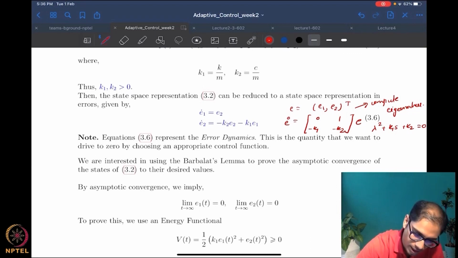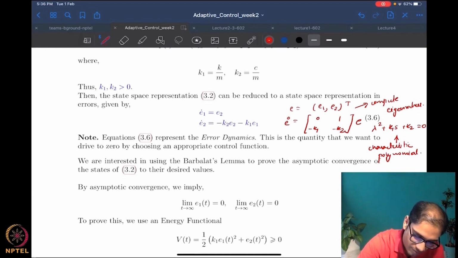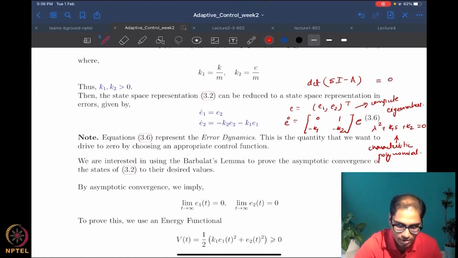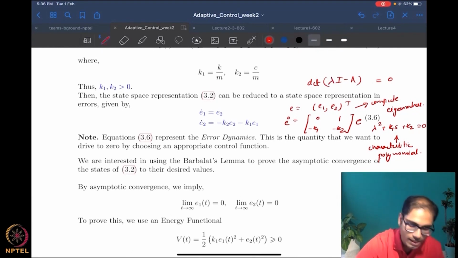I am claiming the characteristic polynomial. What is the characteristic polynomial? It is simply the determinant of sI minus A equated to 0. Well, not s, let's use lambda: the determinant of lambda I minus A equated to 0.